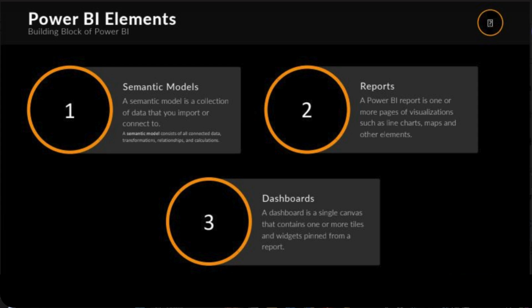We will see into those calculations and what we mean by relationship. Then, apart from the semantic model, which is our data model, we have visuals, and the visuals are made up of reports and dashboards.